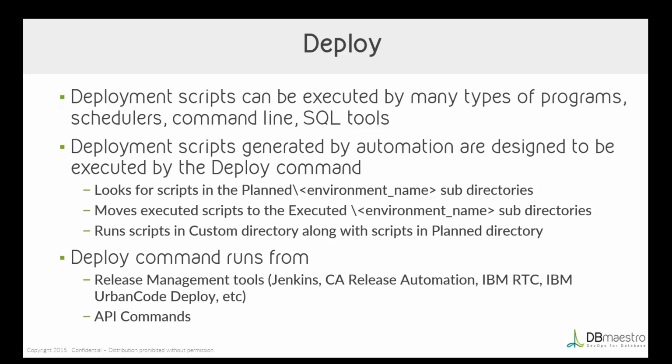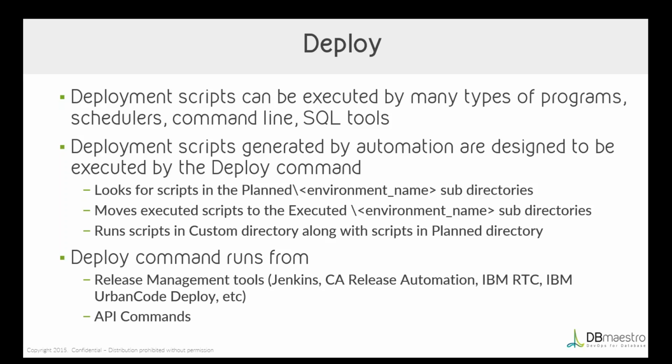So the deploy command will look in this certain directory for those scripts. And then you can run the deploy command from the same kind of tools: all the DevOps release automation tools, from Jenkins, from a batch scheduler, or you can run the API commands manually if you want to deploy. So there are lots of options for how you actually execute the deploy.